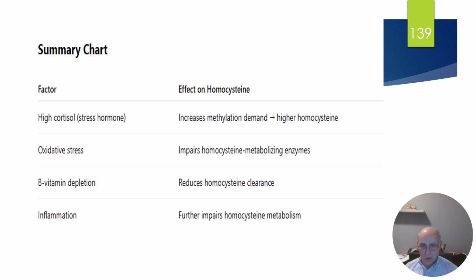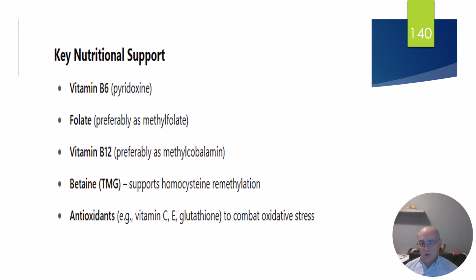B vitamin depletion decreases homocysteine clearance, and inflammation impairs homocysteine metabolism. So key nutritional support would be B6, folate as methylfolate, B12 as methylcobalamin. You can use betaine or TMG, which supports homocysteine remethylation.